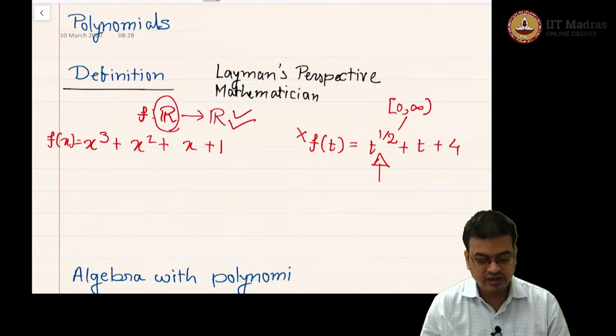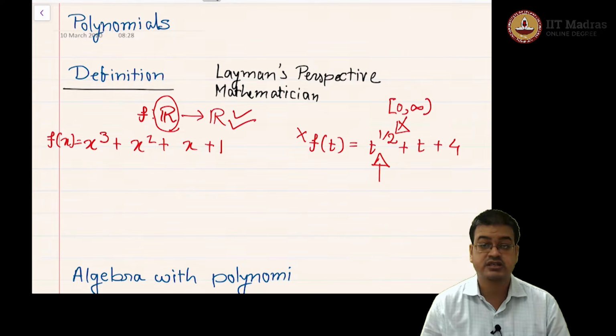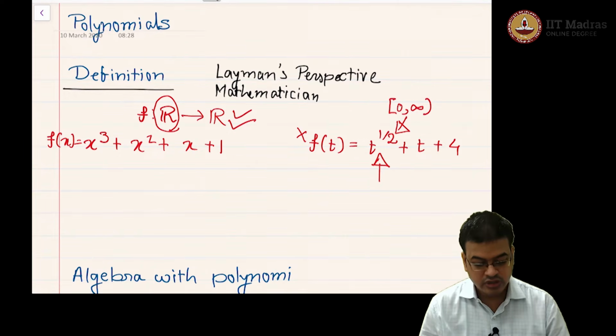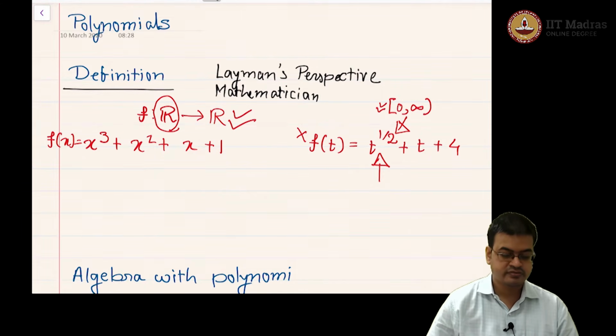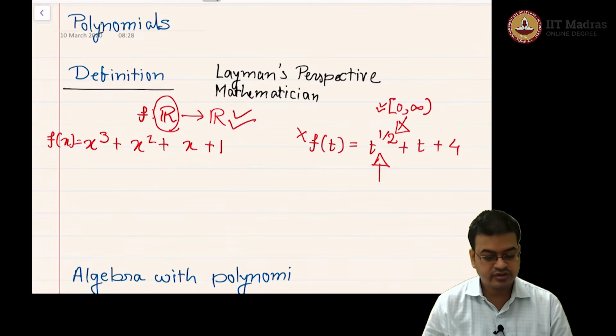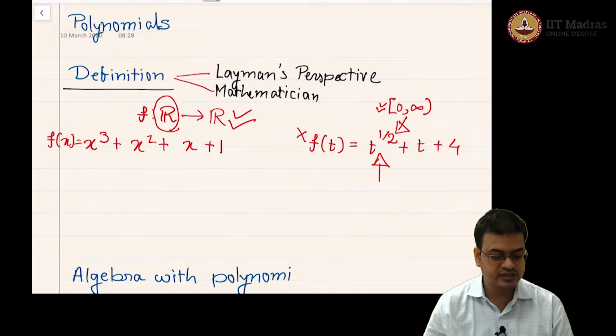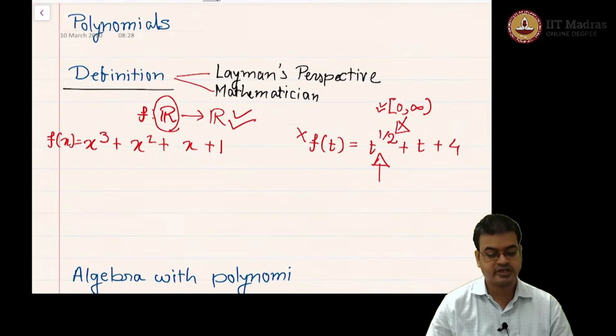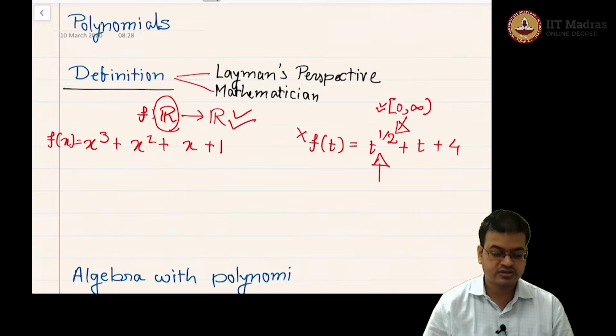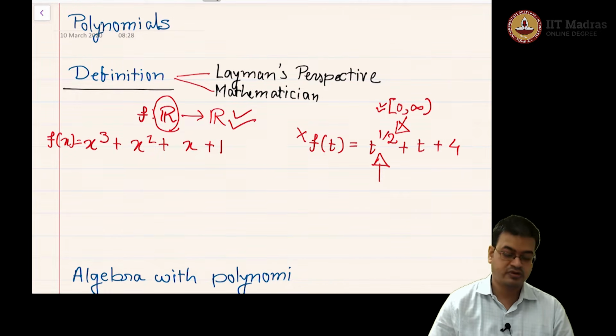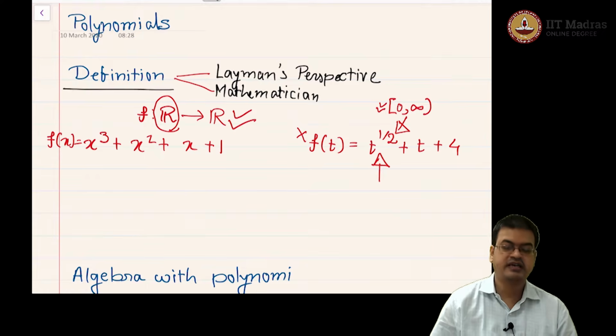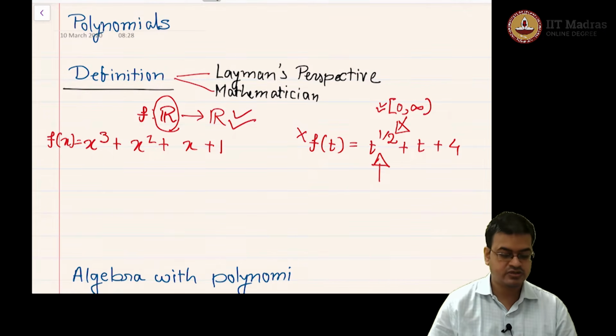Therefore, I will refrain from calling this function a polynomial, though it is a polynomial in the interval 0 to infinity. That is where I want you to be clear why we introduced the two perspectives in the definition, the layman's and the mathematician's perspective. Sometimes engineers also make the mistake of considering the layman's perspective of a polynomial as the mathematician's perspective. So it is just a note of caution that you should be aware of.